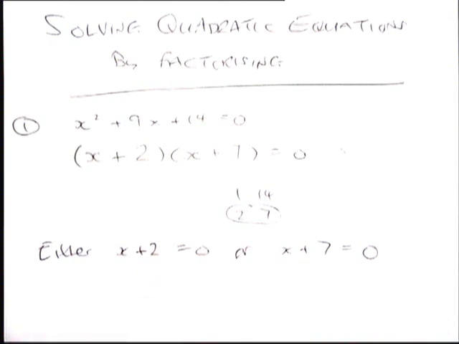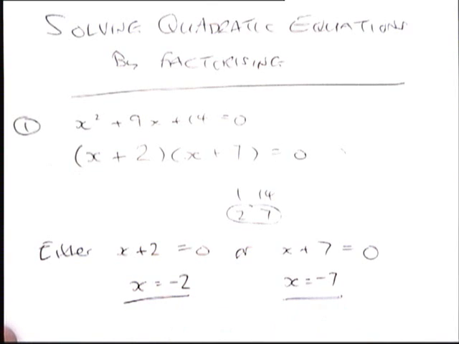Now if x plus 2 equals 0, that means x must equal minus 2, because minus 2 plus 2 equals 0. And over here, if x plus 7 equals 0, well x must be minus 7, because minus 7 plus 7 gives you 0. So we get two answers, and that's what usually happens with quadratic equations. You will get two answers, or sometimes you can get one answer.